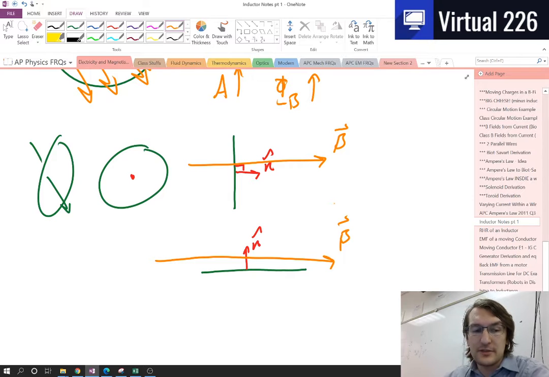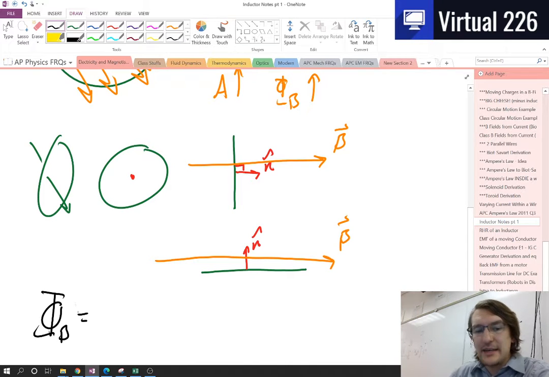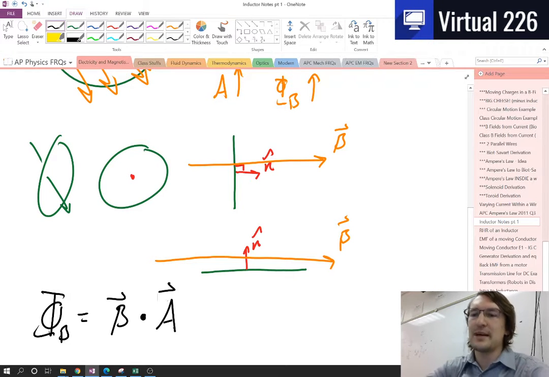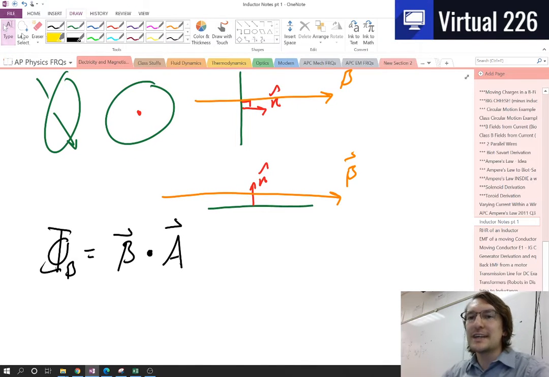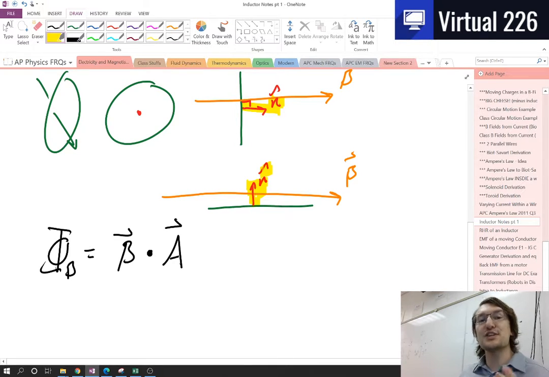don't get any flux. So it turns out that this magnetic flux can be given by the magnetic field vector dotted with the cross-sectional area, because that area vector is dependent on the normal. You normally don't think about areas as being a vector, but the orientation does matter here.